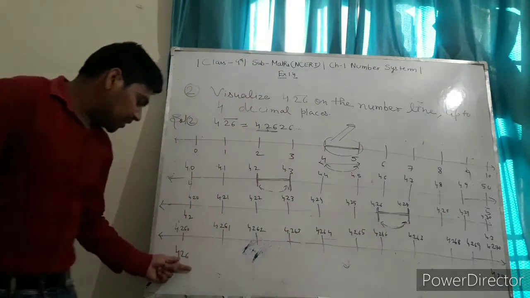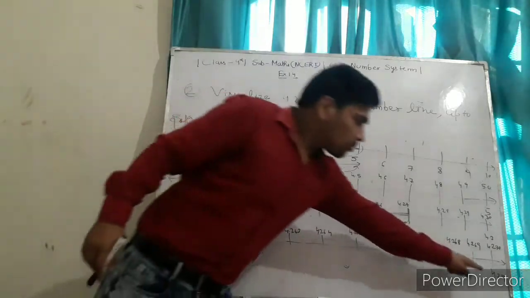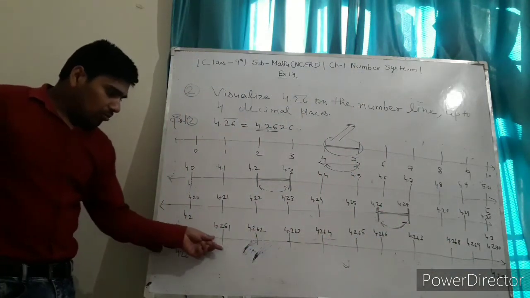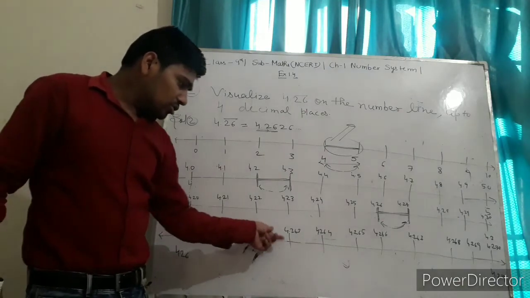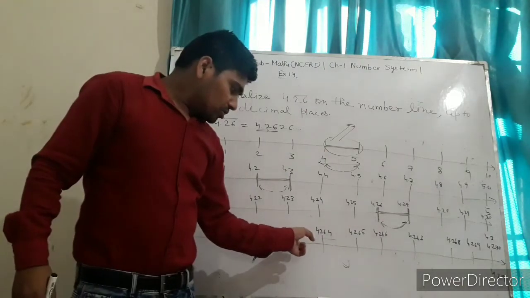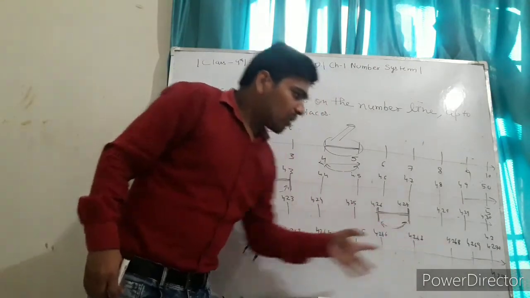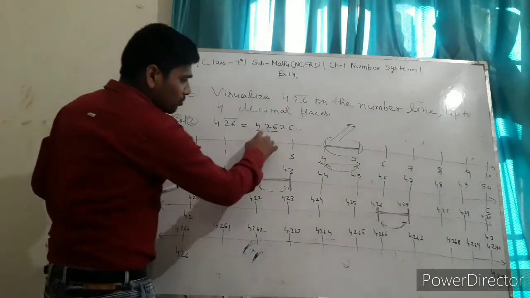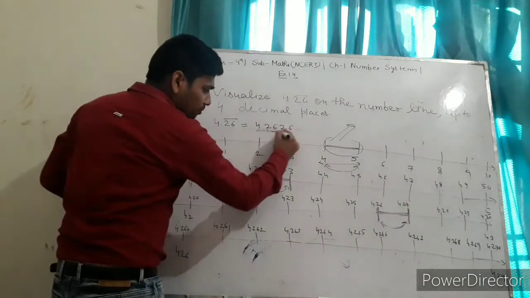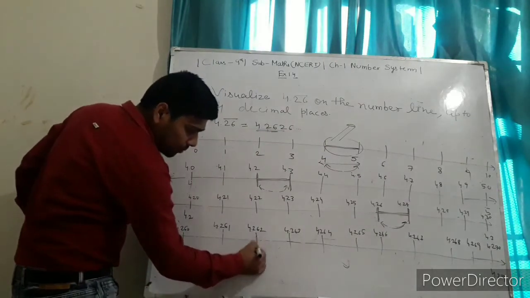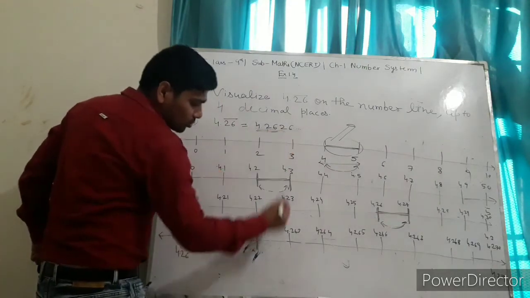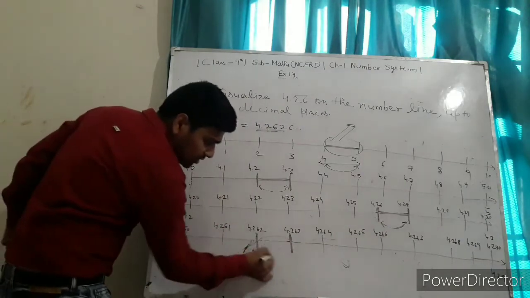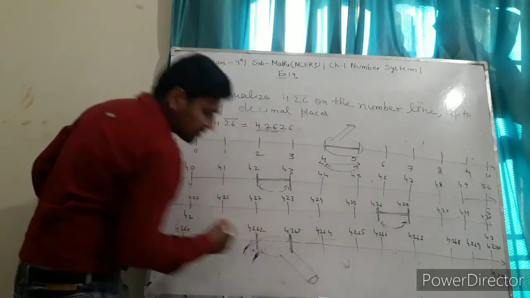I write 4.26 and 4.27, and 4.26 is 4.260, 4.261, 4.262, 4.263 and so on. This number is more than 4.262 but less than 4.263, so it will lie somewhere here.